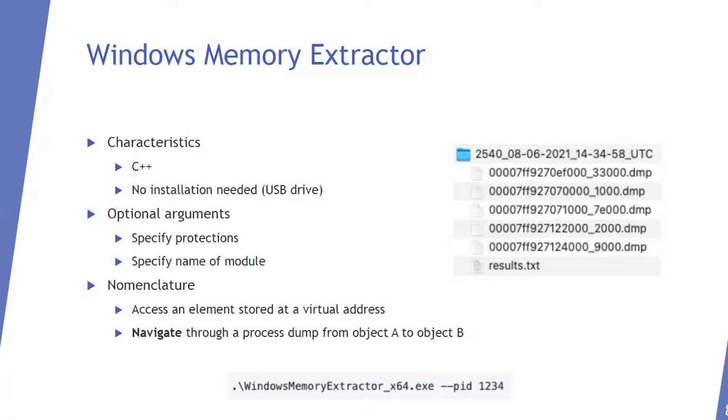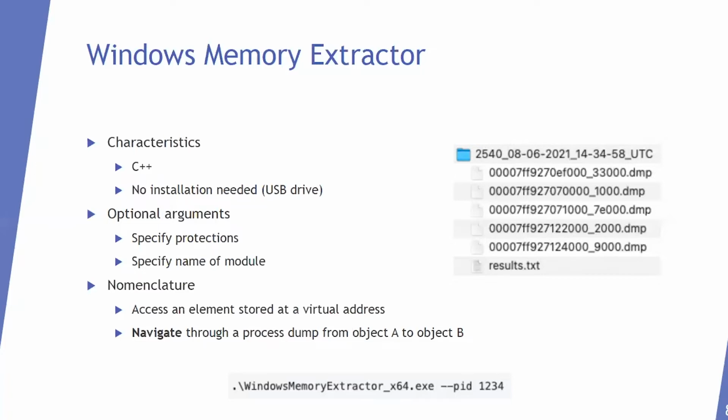However, the tool accepts an optional argument to specify the protections that the memory regions that we want to extract must have. Additionally, it also accepts an optional argument to specify the name of a module, for example, the name of a DLL, if we only want to extract the memory regions corresponding to a particular DLL.